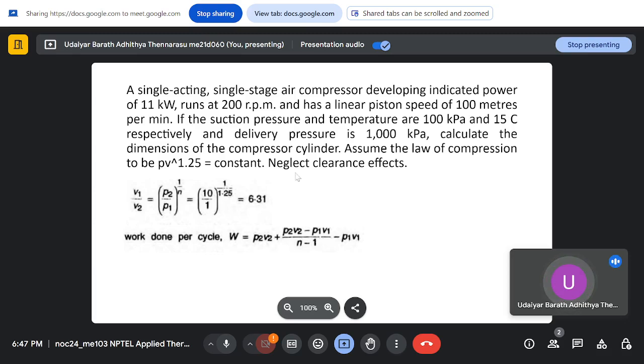The work done in the compression cycle can be expressed in terms of pressure. It will come out to be n by n minus 1 into P2 V2 minus P1 V1.